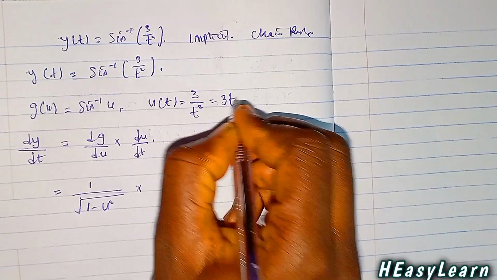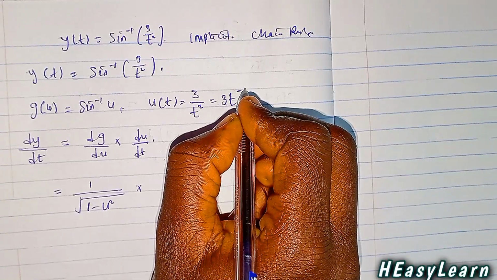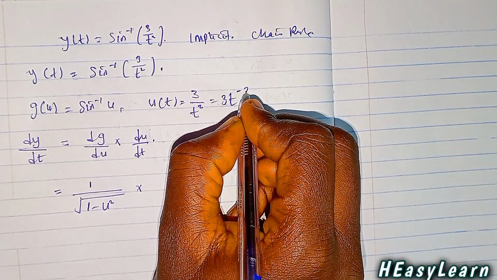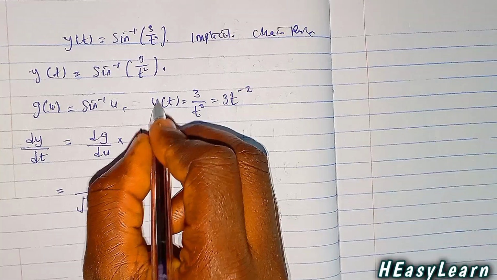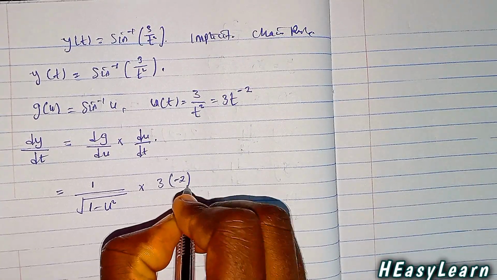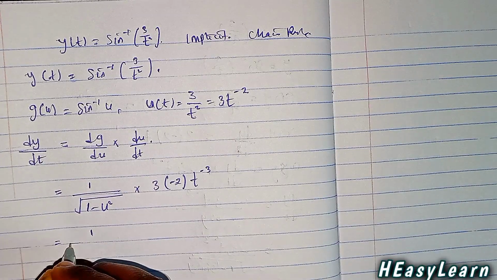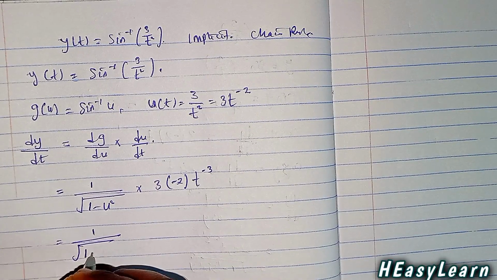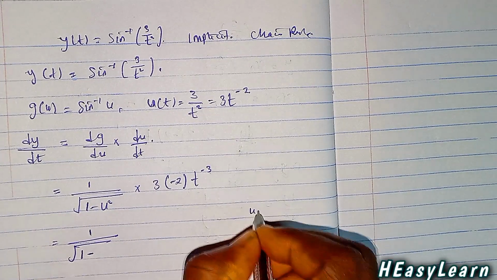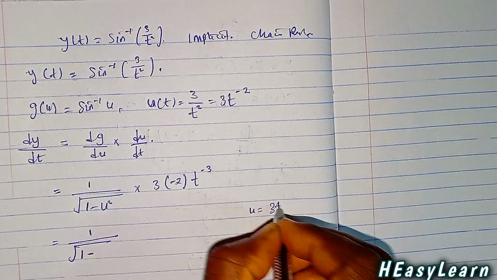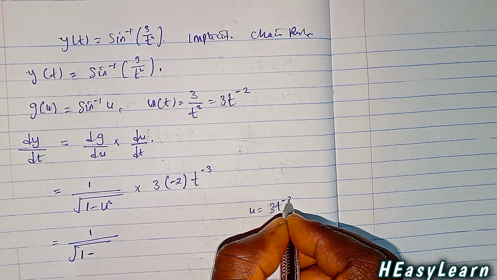u is the same thing as 3 times t to the power of minus 2. So the derivative of u is going to be 3 multiplied by minus 2 t to the power of minus 3. What is u from above? u is equal to 3t to the power of minus 2.